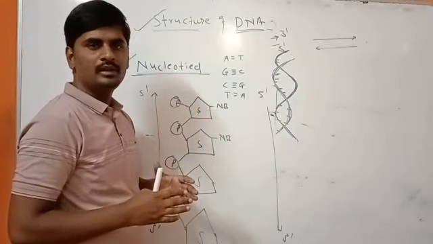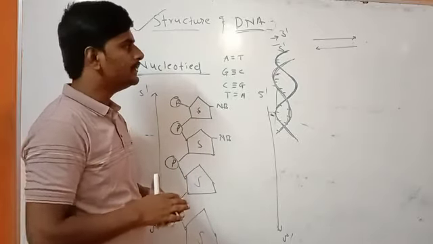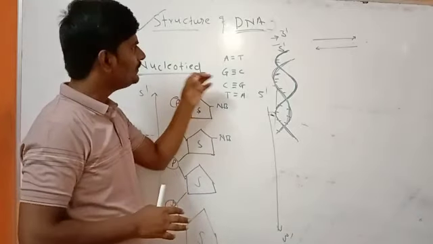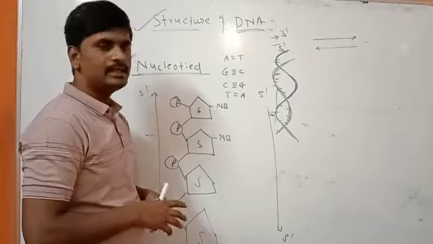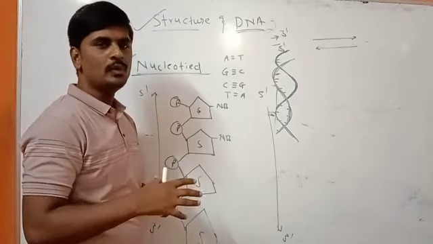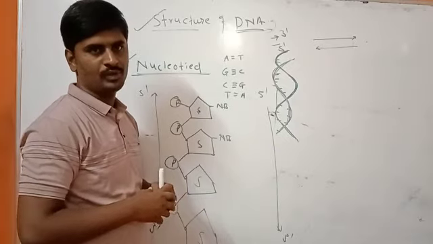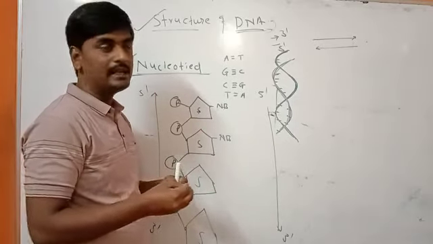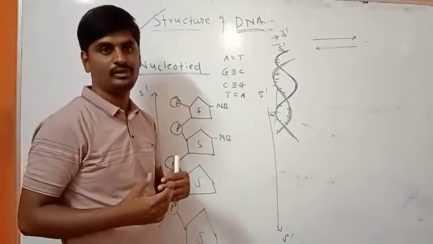Next, let me discuss some interesting facts regarding the DNA. All of you know that DNA has the ability to store the entire information regarding our body structure. A small cell and its nucleus hold information regarding the body structure.